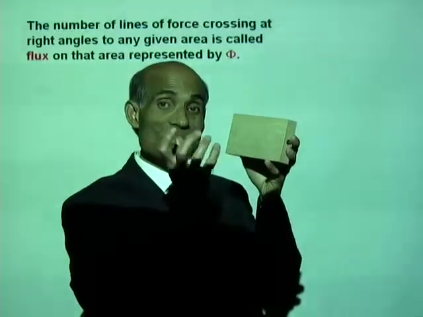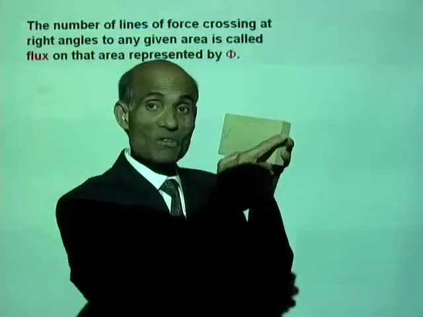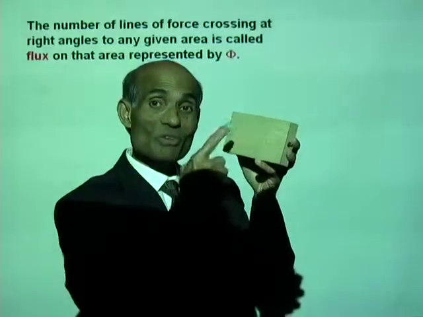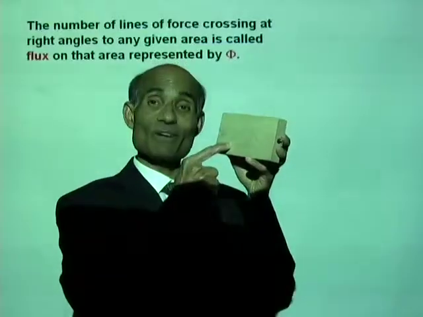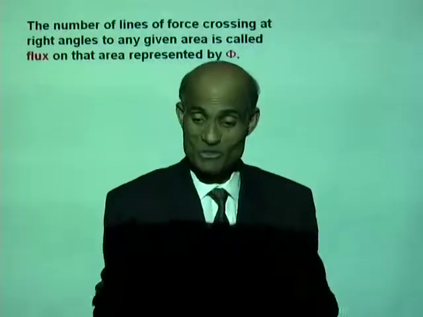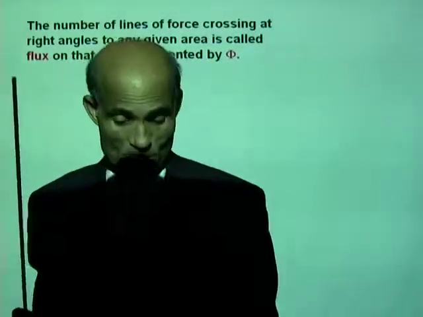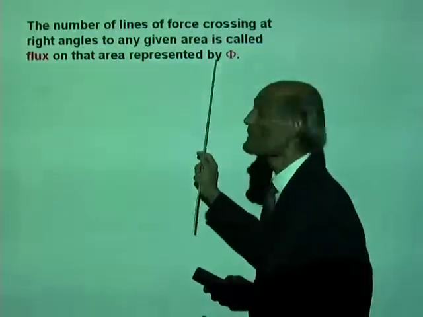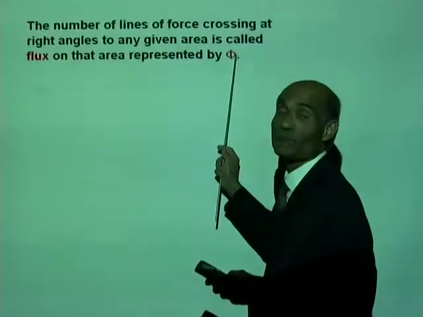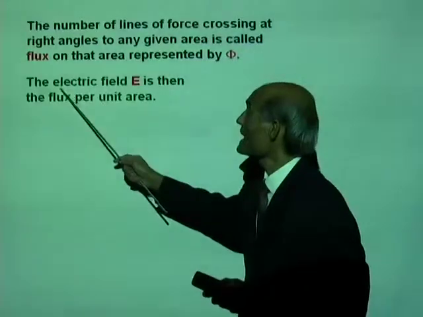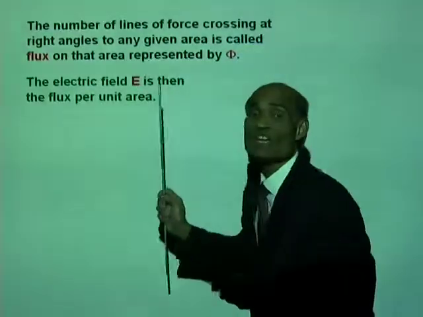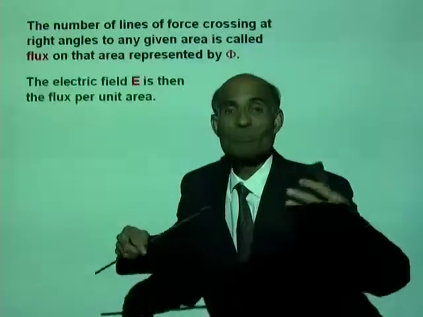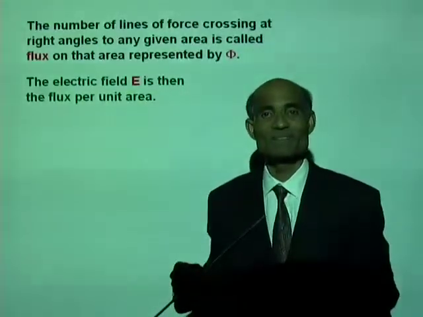If you divide that flux by this area, I will get the flux per unit area, and that will be a measure of the electric field. Alright, we will represent the electric flux by the Greek letter phi. Alright, so the electric field E is then the flux per unit area.